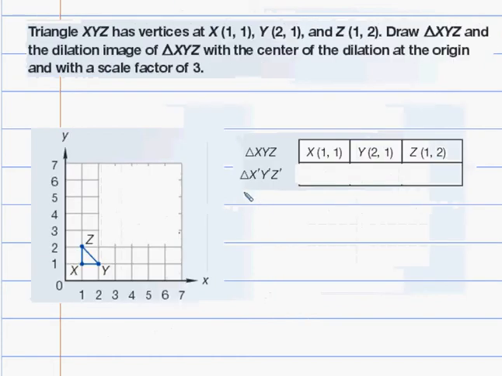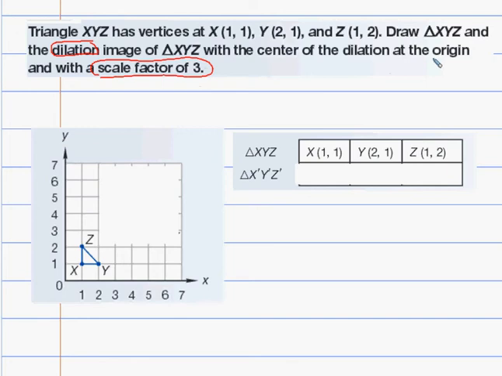Okay, one more. We have to go through the other transformation that we have, which would be a dilation. So we're going to take triangle XYZ with its vertices that we've plotted. We're going to make the dilation of the image of triangle XYZ with the center of dilation at the origin and with a scale factor of 3.